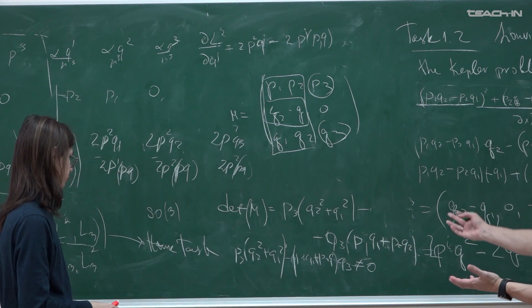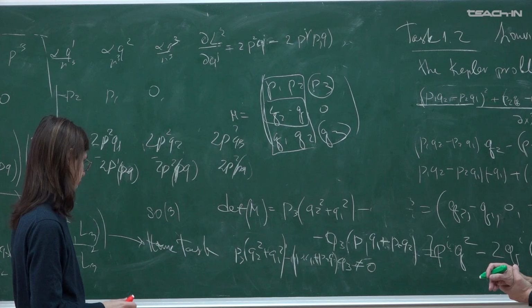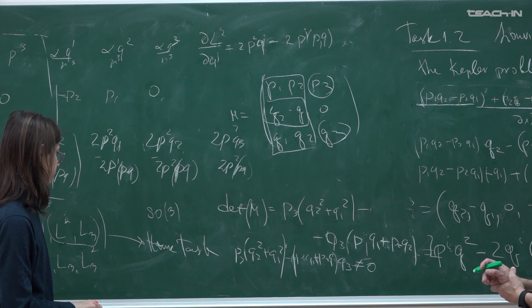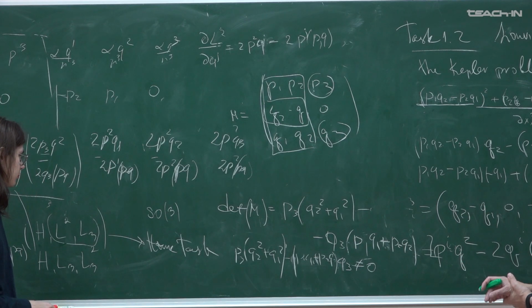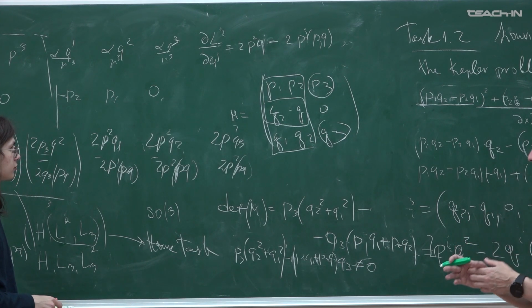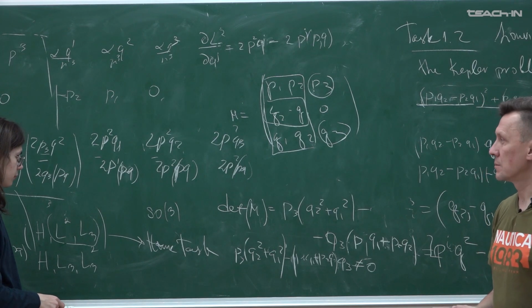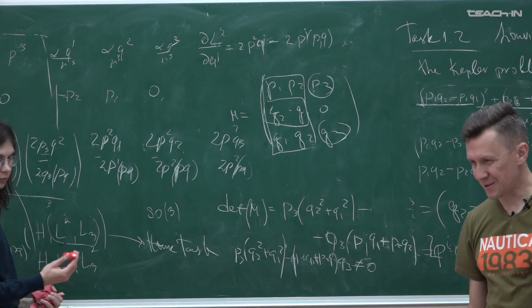It means that in a generic point it's not zero. Okay? So that's why our functions are functionally independent and provide an integrable structure for the Kepler model. Okay, thank you very much. Please take your seat.